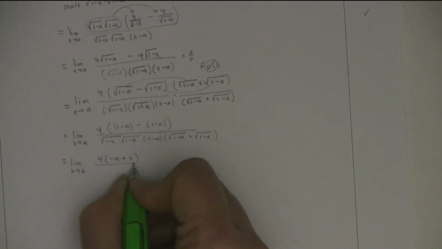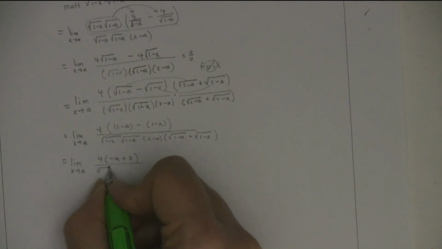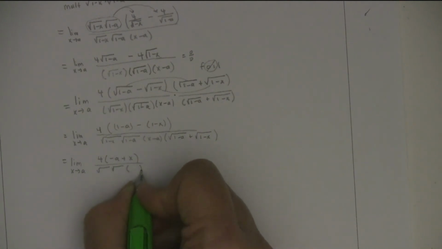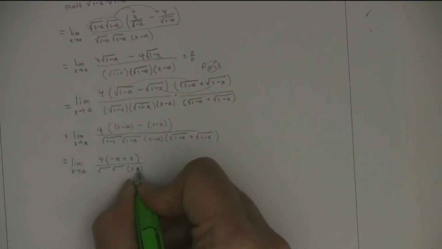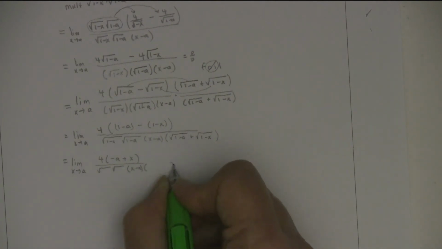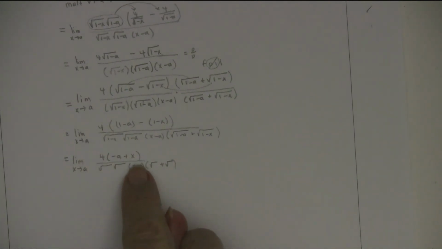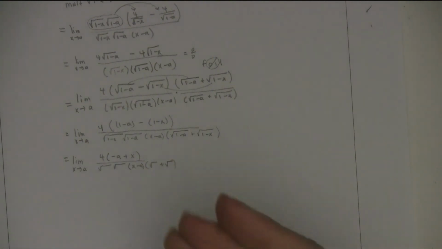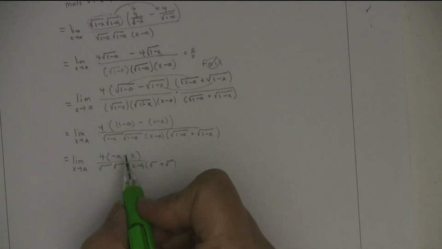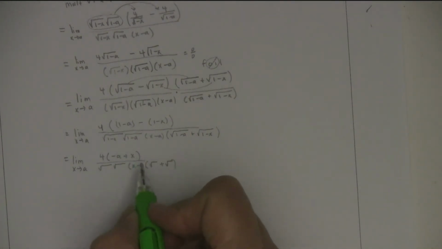So I have 4, and this is going to be minus a plus x, over this whole denominator, the square roots, the parenthesis that has the x minus a in it, and the square roots added together. I got lazy and didn't write that in there. And you notice that this is backwards of this, so I could just write it in the other order. They're exactly the same.